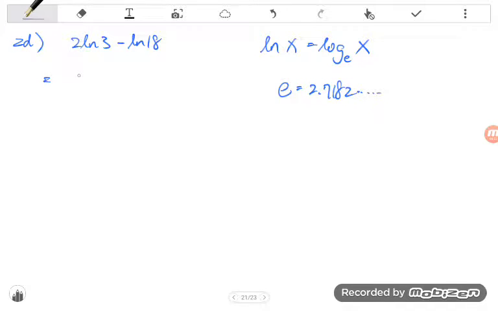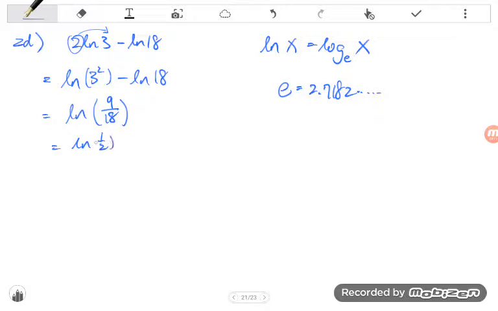I need to move the 2 up to the exponent. So ln 3 squared minus ln 18, and now I can apply the law. 3 squared gives us 9 over 18, which gives us ln half.